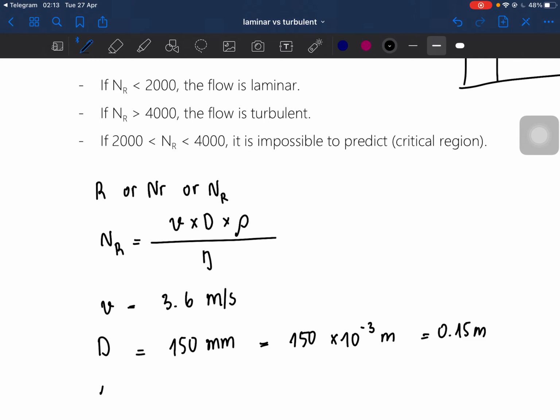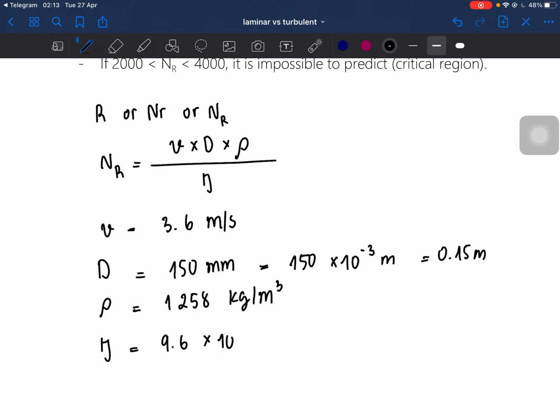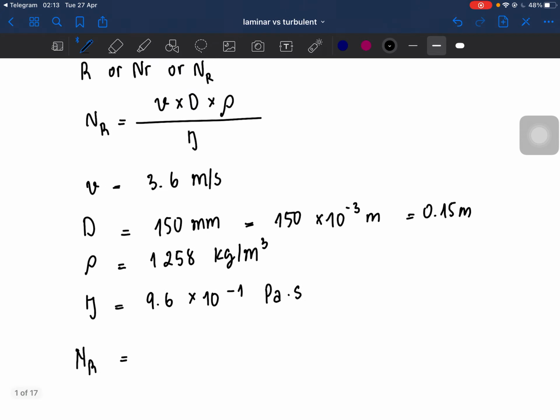Then we have the density of the glycerine, 1258 kilogram per meter cube. And then we have this number that is also from the table, so when you see the table, you can just read it and substitute the number here. Now we have all the necessary information and can substitute here.